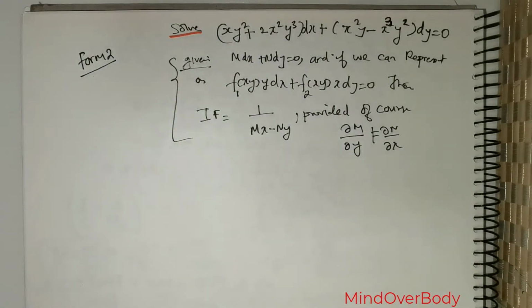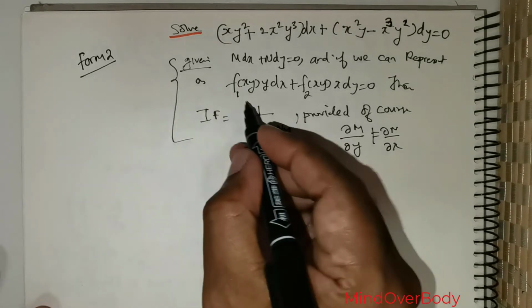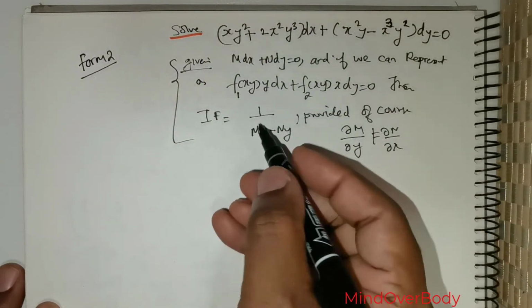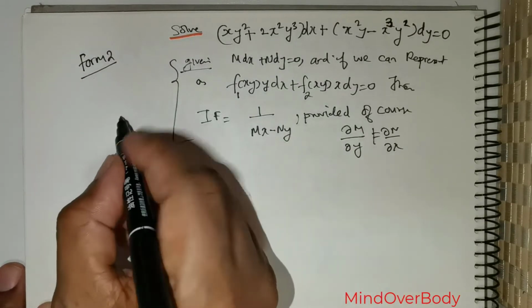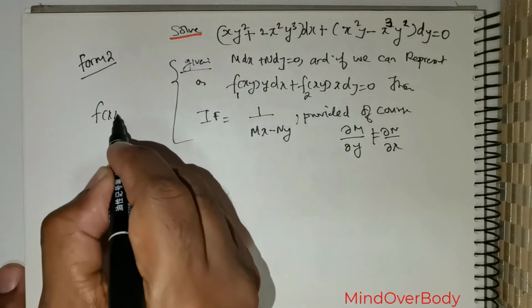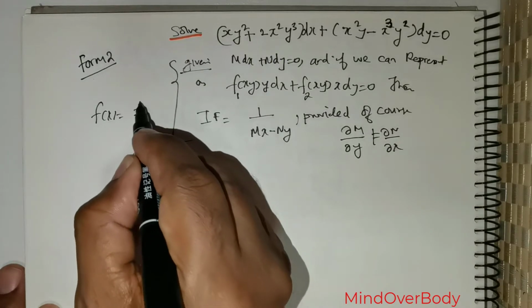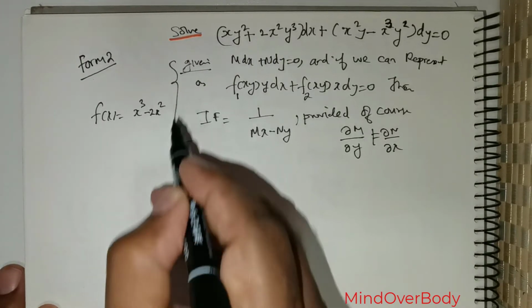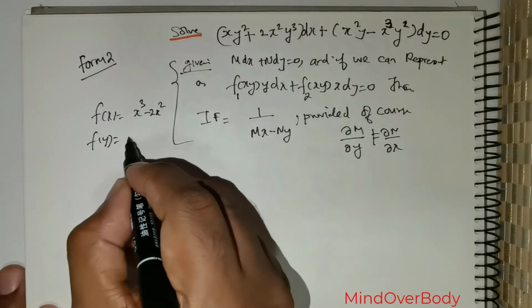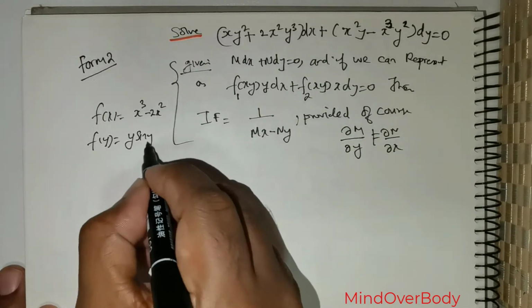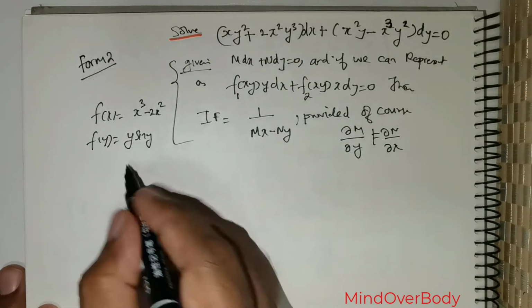Now when I say f of xy, it means a function involving x and y together. In other words, x and y should be concatenated. Now if I say f of x is equal to, say, x to the power of 3 negative 2x squared, this is solely a function of x. If I say f of y is equal to y times sine y, this is solely a function of y.